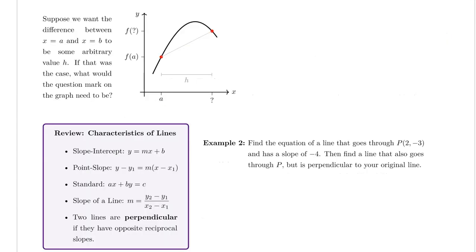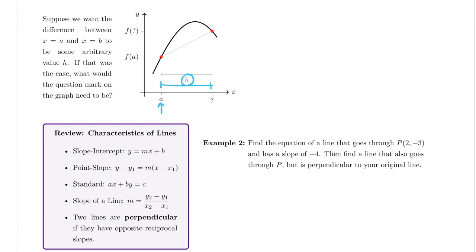Suppose we want the difference between x equals a and x equals b to be some arbitrary value h. If that was the case, what would the question mark be on the graph? So what I'm saying here is I'm starting here at a, and I want the distance between my starting value and my ending value to be h.